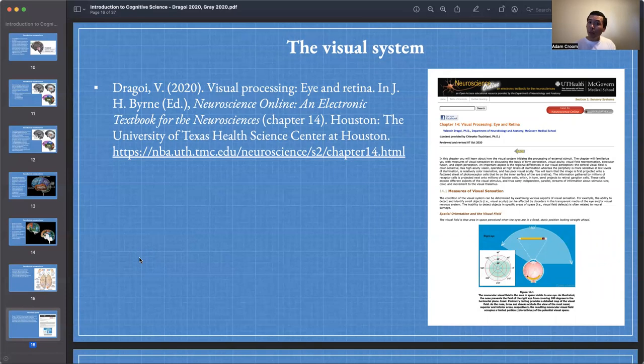If you're interested in rods and cones for their own sake, then that's more of the neurosciences, okay? All right, so we're gonna focus on vision and audition today, so that way when we talk about the cognitive neuroscience of language tomorrow, we can discuss language with some rudimentary knowledge of vision and audition.